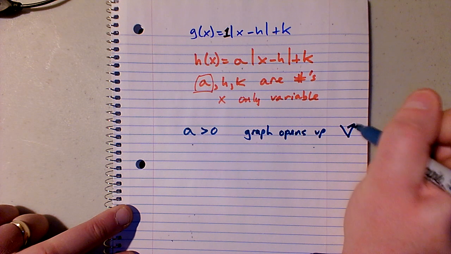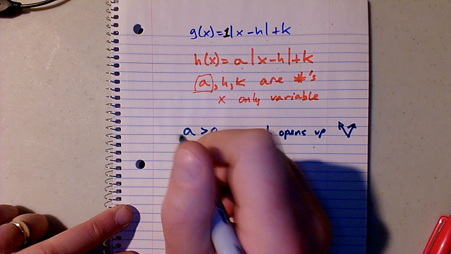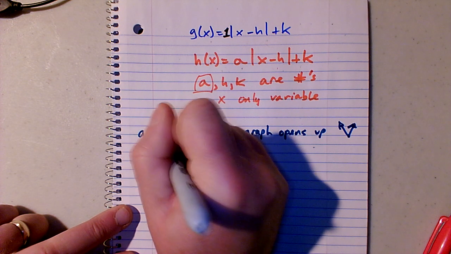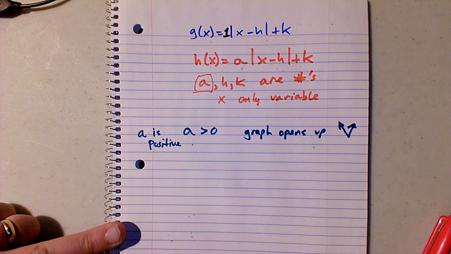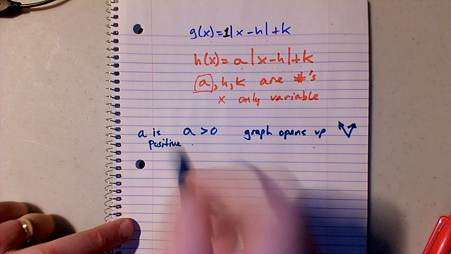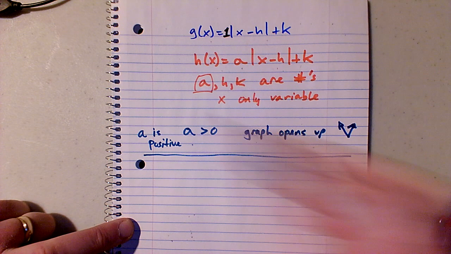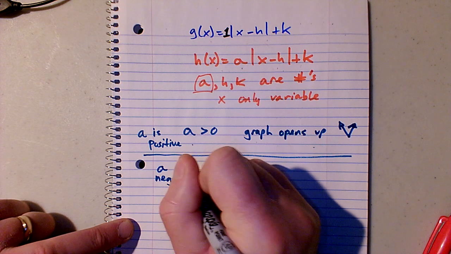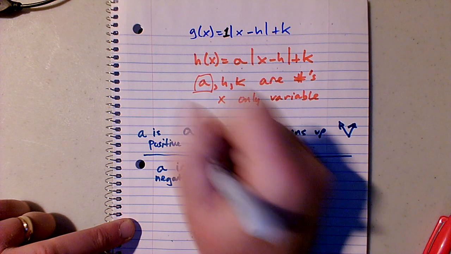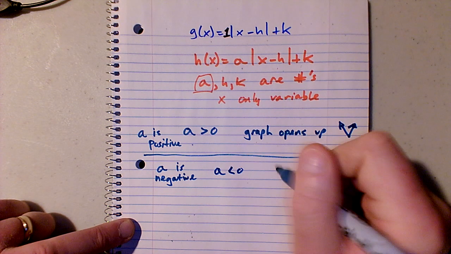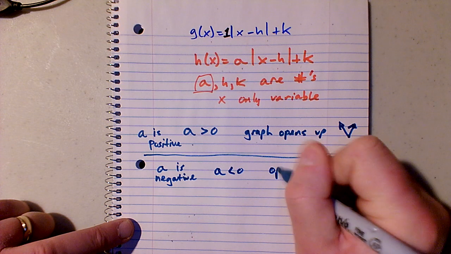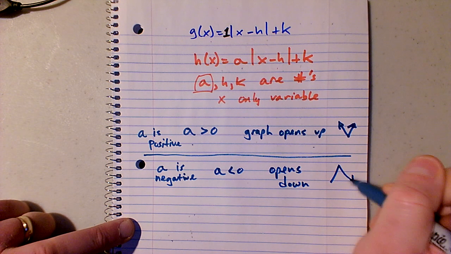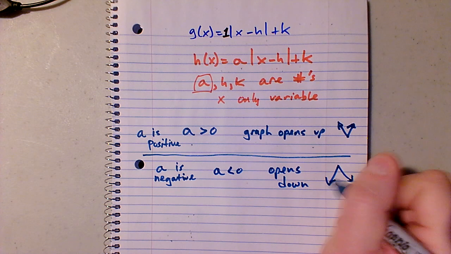That is, it looks like this. If a is negative, that is, a is less than 0, the graph opens down. That is, our V will be going downward.